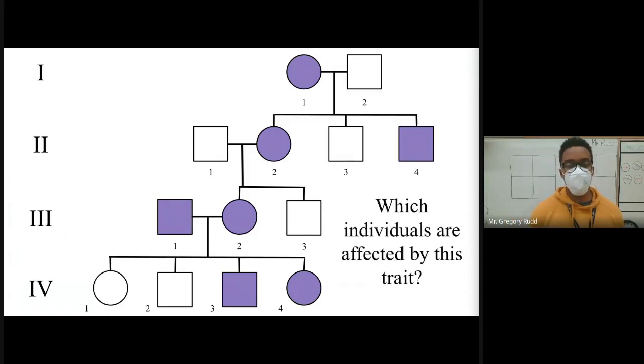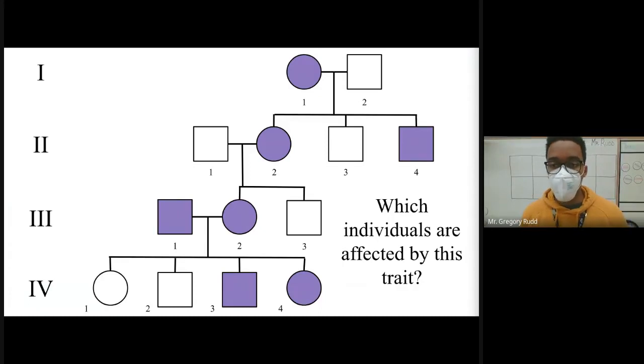Now let's answer some questions. Can anyone tell me at least one individual who is affected by this trait? I guess I kind of skipped something I should have said. We can identify individuals by using the Roman numeral for their generation, and then their number. So generation I, number 1, that refers to the very first individual.